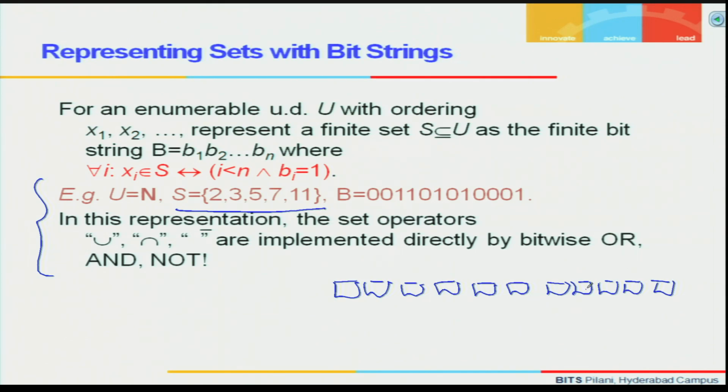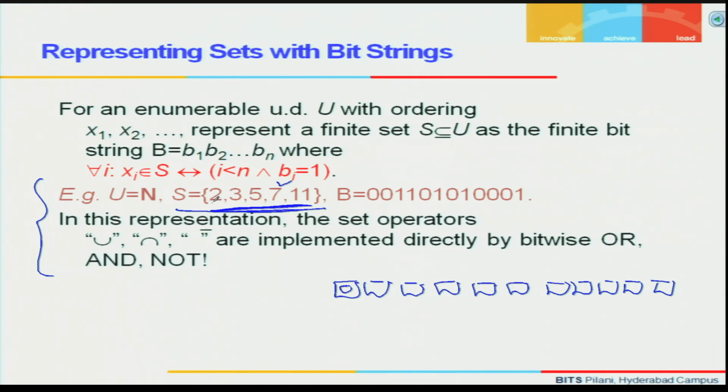To represent this particular subset as a bit string, consider a bit string of length 11. The first bit represents 1: is the natural number 1 there in this set or not? It is not there, so put 0 over here.